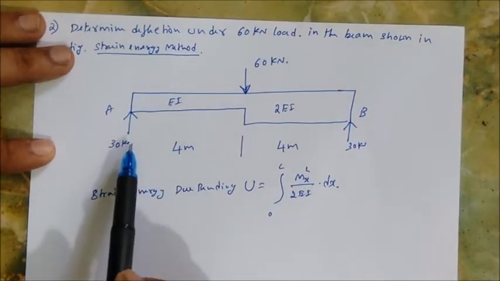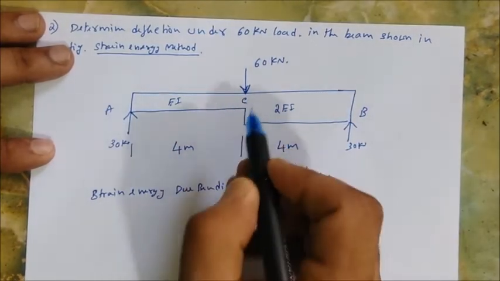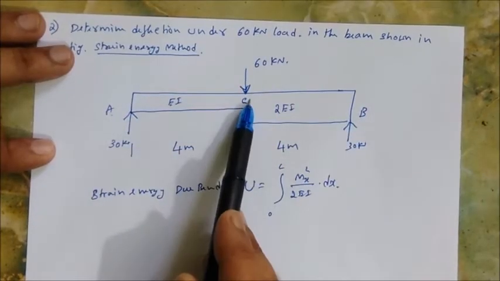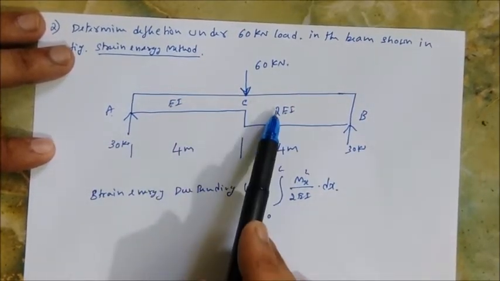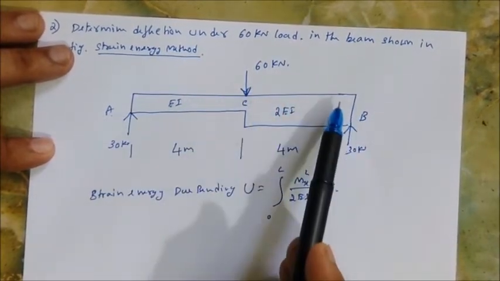To get the strain energy in the beam AB, I'll split the beam into two parts: A to C and B to C. It's not because EI is changed, it's because of the point load. So you split at the region of the point loads.